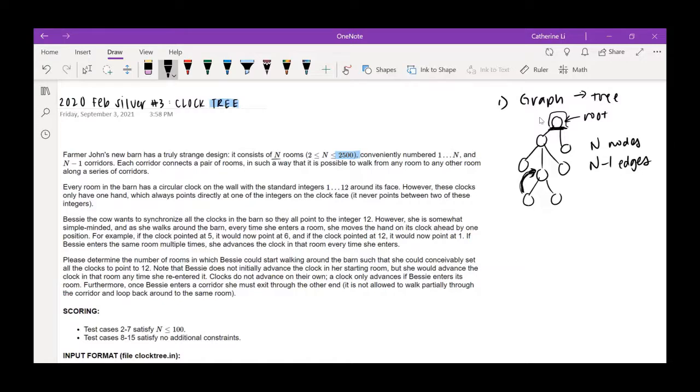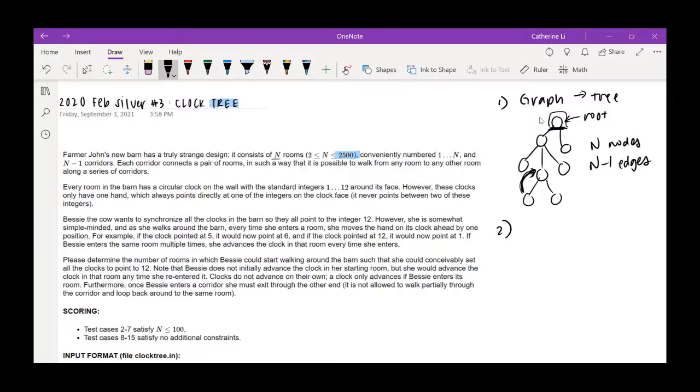Yeah, okay. So now I guess we just think about the condition that we're given, that she increases the clock number by 1 each time she goes to it.